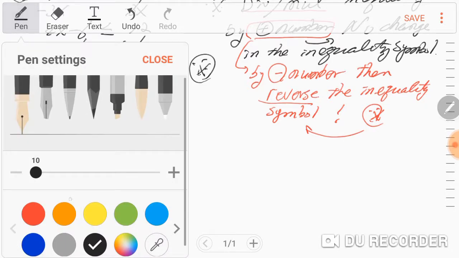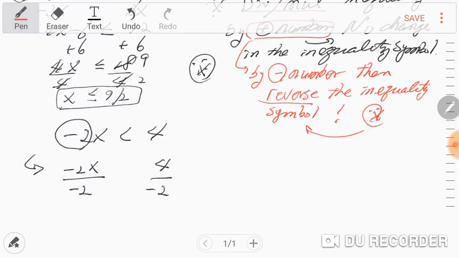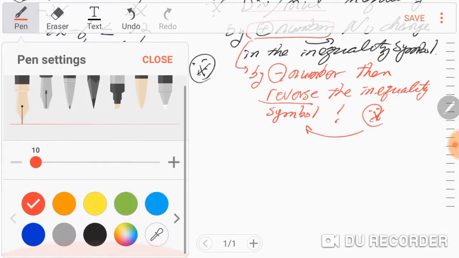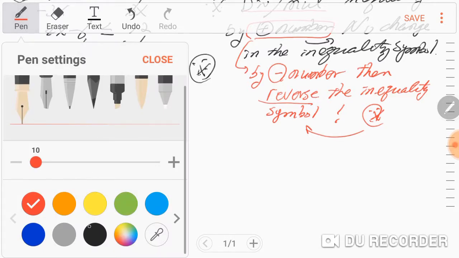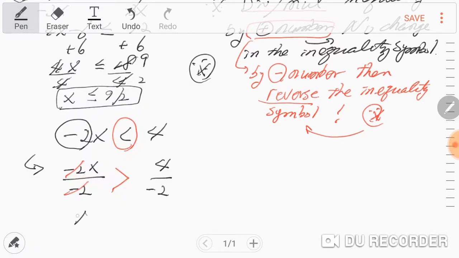Then what do we do? Flip. Reverse the direction of the inequality symbol. Make it greater than. This is important. Then the left-hand side is x, and x is greater than negative 2.